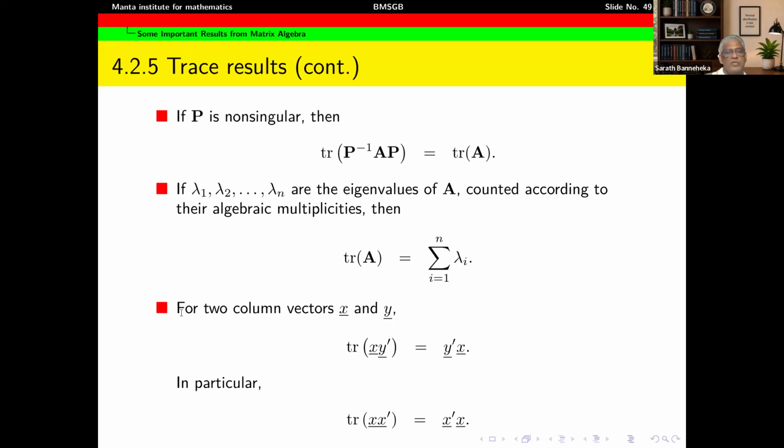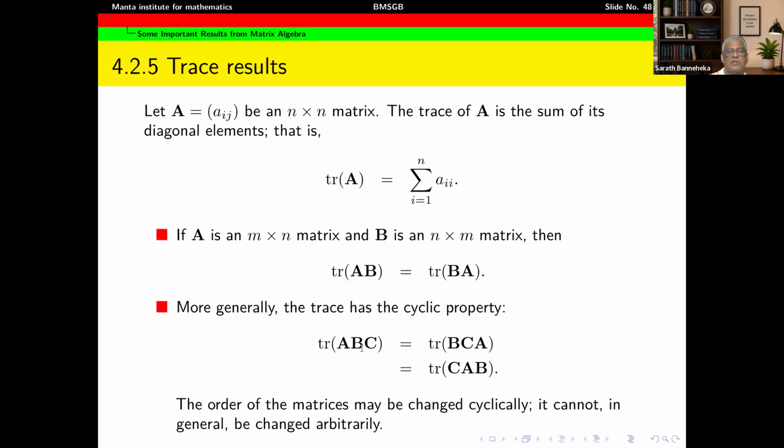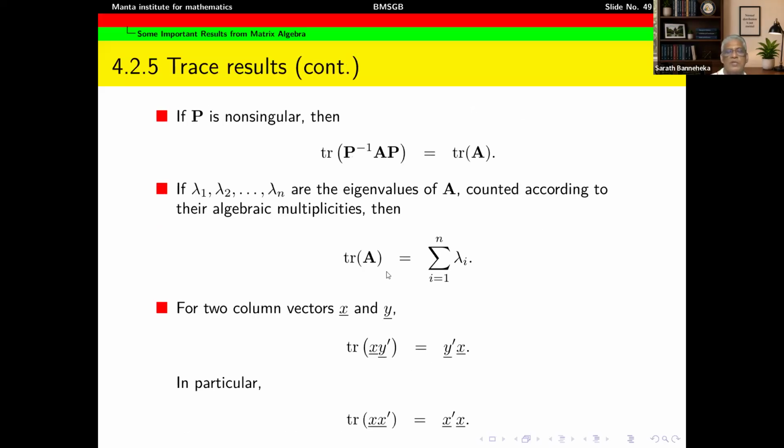And then if you consider two vectors x and y, trace of x times y transpose. X times y transpose is actually a matrix, and that will be the same as trace of y transpose x, from the result that we showed according to this result, right?